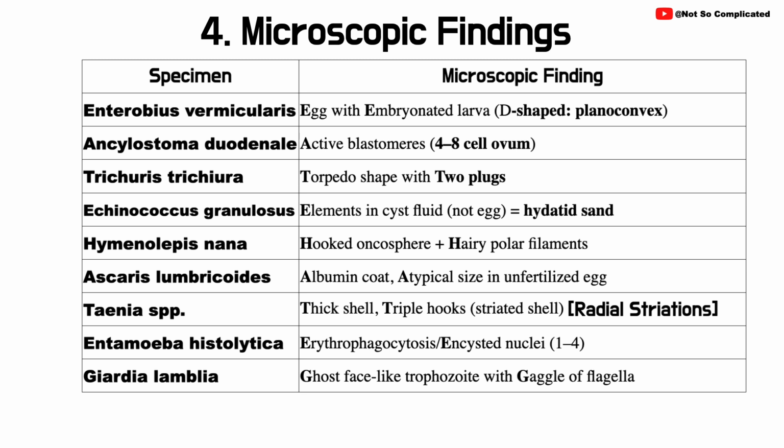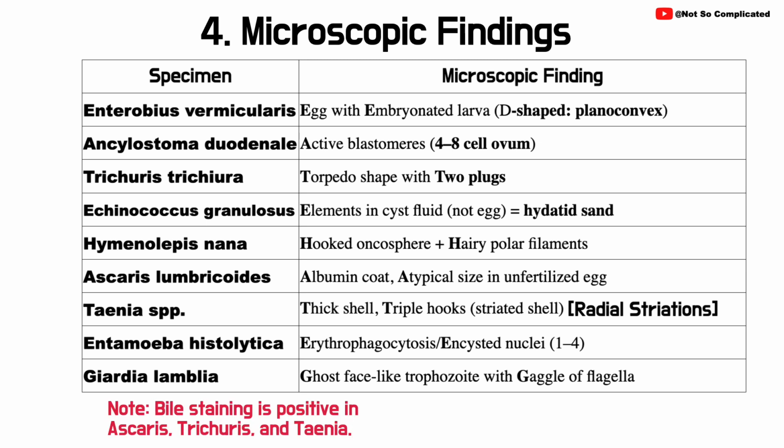In Entamoeba histolytica, there is erythrophagocytosis or encysted nuclei, that is 1 to 4, and in Giardia lamblia there is a ghost-face-like trophozoite with a gaggle of flagella, right? Note that bile staining is positive in Ascaris, Trichuris, and Taenia, and there are motile trophozoites in Giardia and Entamoeba. This is all that you have to remember in GI parasitology.